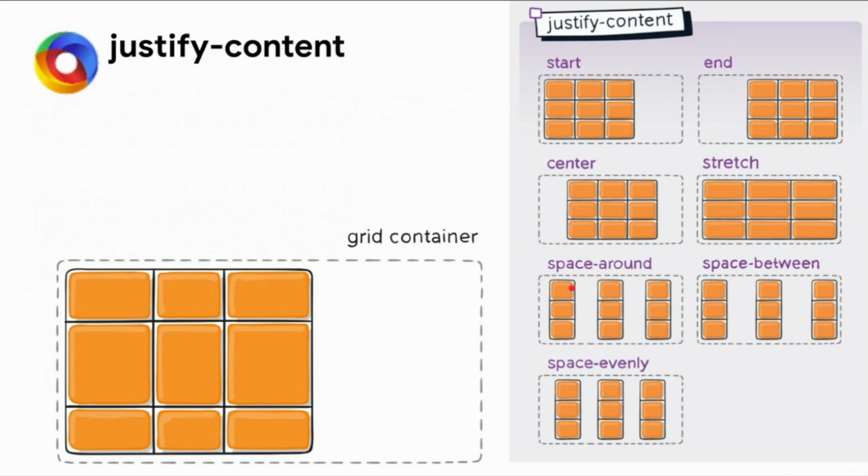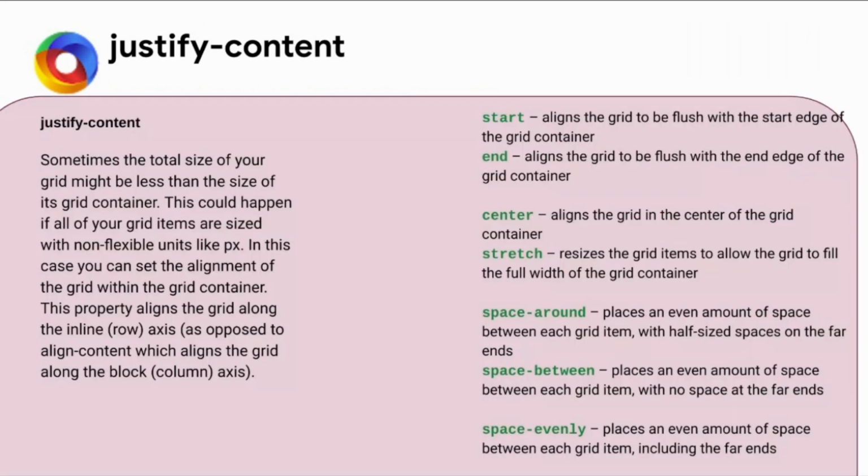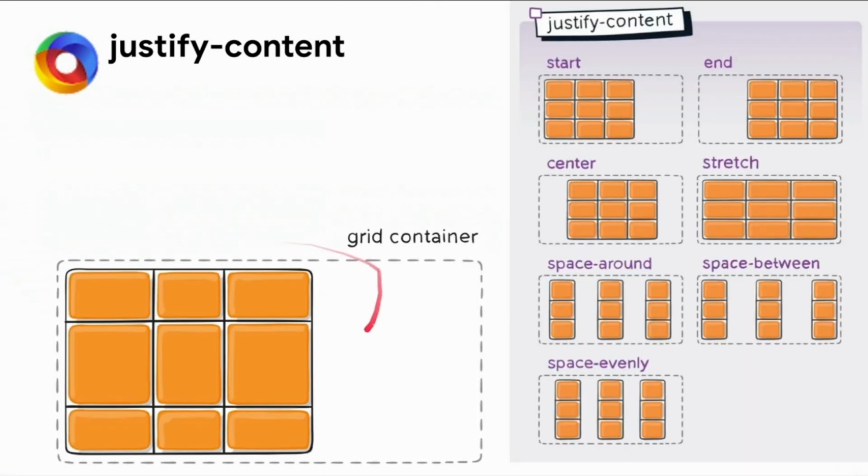We have seen the fractional unit, right? The fractional unit is the unit of grid. But suppose I want each of the grid lengths in pixels, instead of fractional units or proportion. In that case, this justify content is used for the content of non-flexible units.